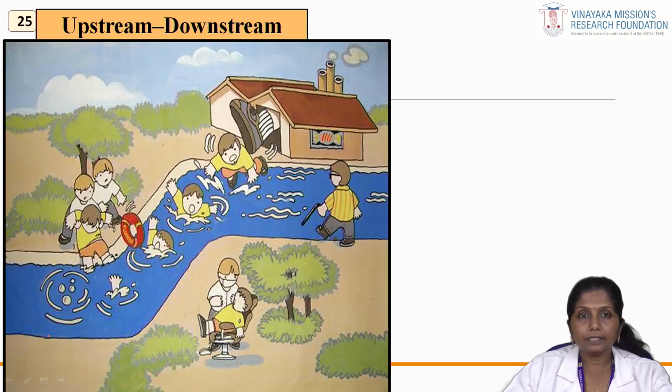Imagine you are standing near a river. You see people drowning and struggling in the water. What would you do? Naturally, you start rescuing them. That's what we call downstream intervention, that is, managing the problems after they occur. But after a while, you wonder why so many people are falling into the river in the first place.